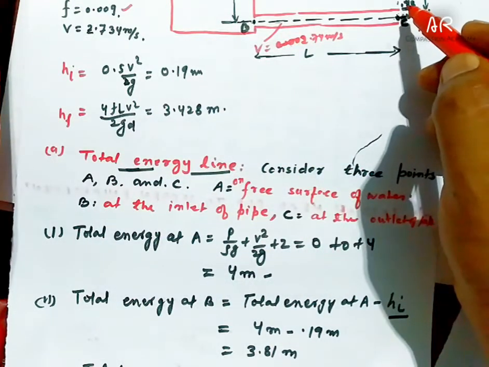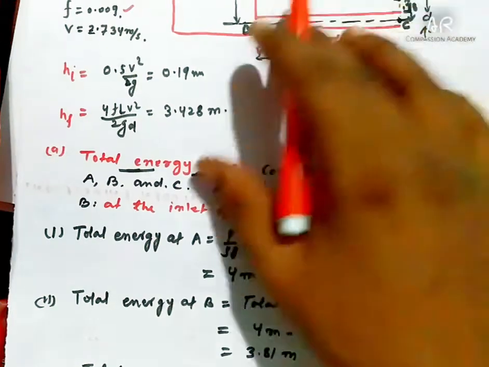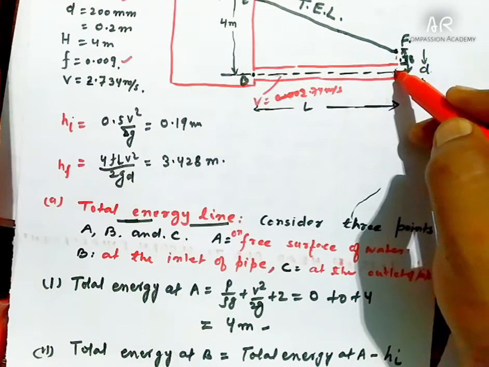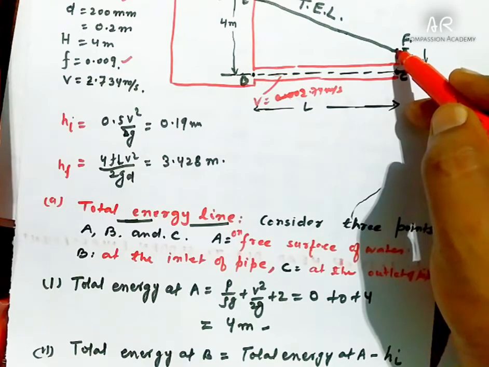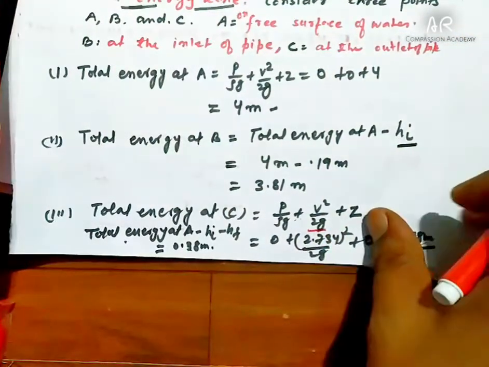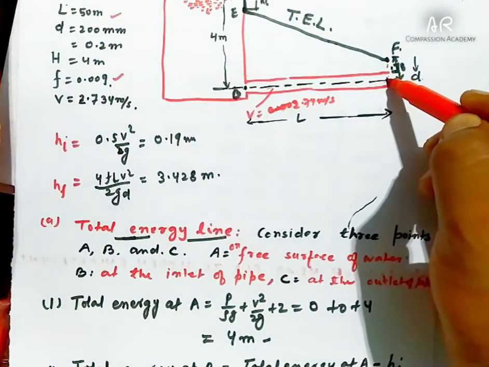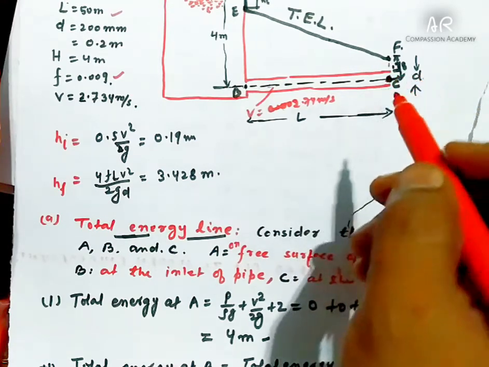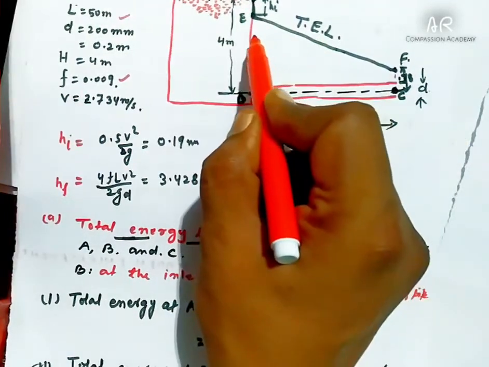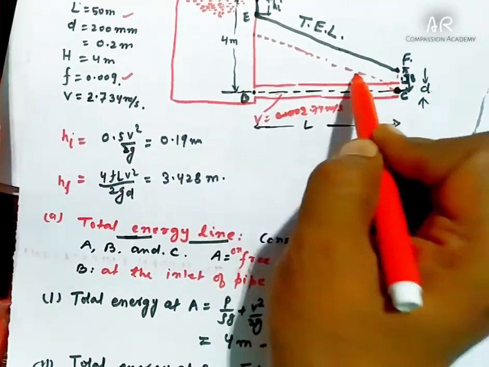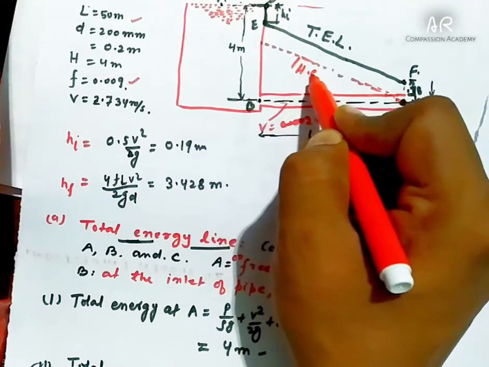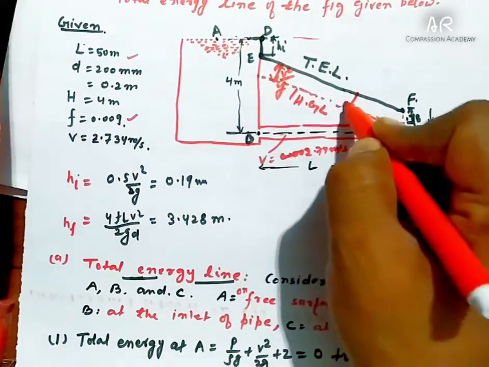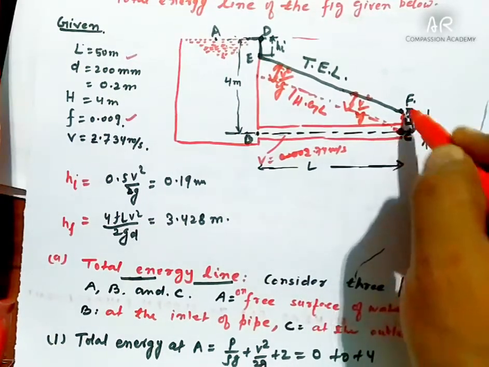For drawing the hydraulic gradient line, if we subtract the velocity head from this point, it will come to point C, because the total energy here is 0.38 and that is only the velocity head. So the hydraulic gradient line at C coincides with point C. Now if you draw a line parallel to this line, it will give the hydraulic gradient line, because everywhere here the difference is V squared by 2g.